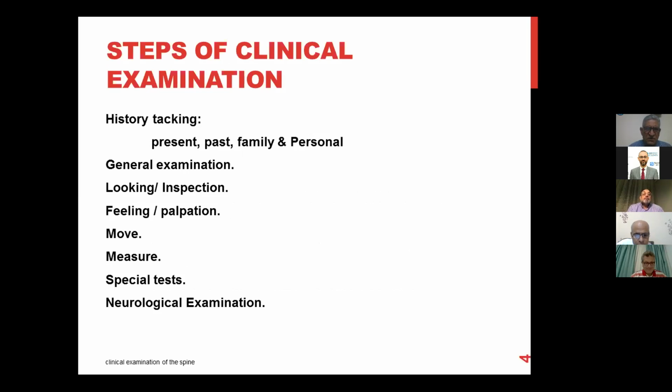The steps of the clinical examination include history taking, general examination, looking, which is inspection, feeling, which is palpation, moving, measurement, special tests, and neurological examination. The history taking consists of present history, past history, family history, and personal history.